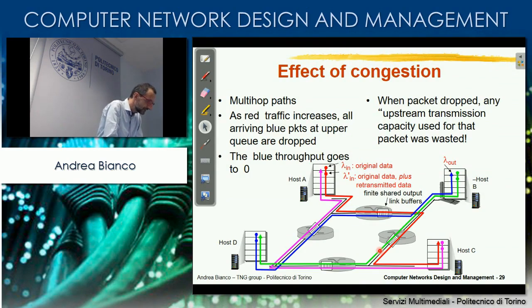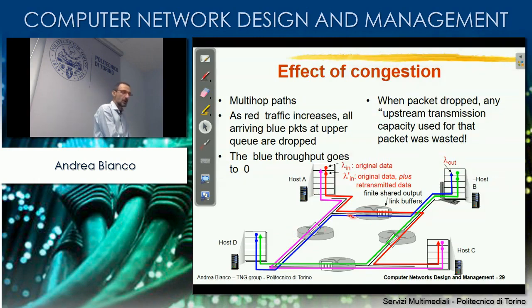So suppose what happens if you have a red traffic which is increasing. Now you see that you have a contention on this buffer between the red traffic and the blue one. But the blue one is bounded somehow in terms of speed by the fact that it's sharing already a link with the violet one. Do you agree?